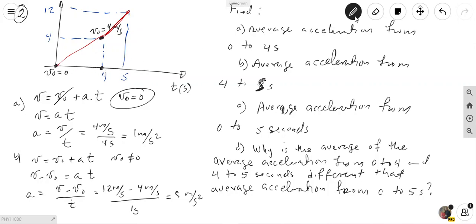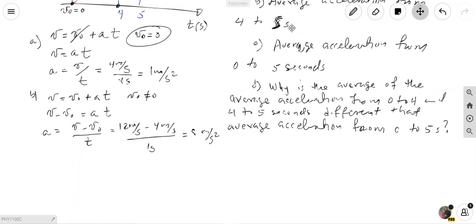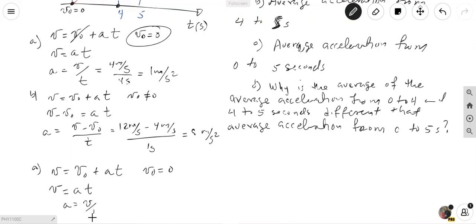So to find the average acceleration from 0 to 5 seconds, I'm going to start with the same formula: the velocity is equal to the initial velocity plus acceleration times time. In this case, the initial velocity is 0, so the velocity is equal to acceleration times time, so acceleration is velocity over time.